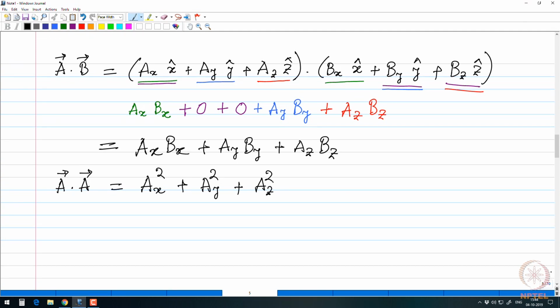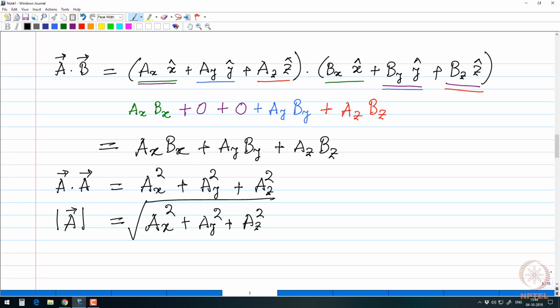If that is the case, then the magnitude of the vector A is actually the square root of this part, Ax squared plus Ay squared plus Az squared. Now, let us go for the cross product in this component form.